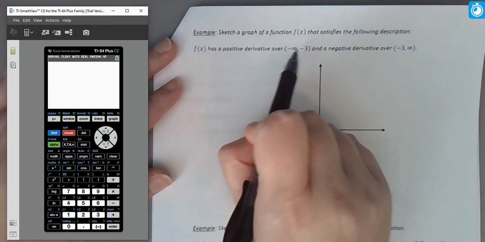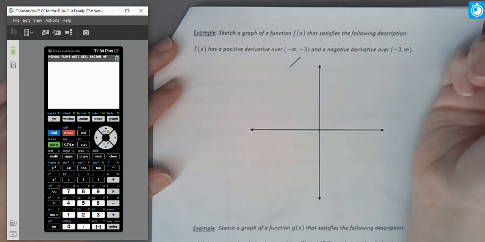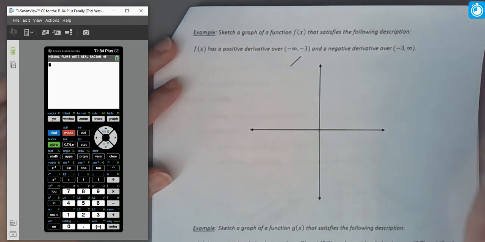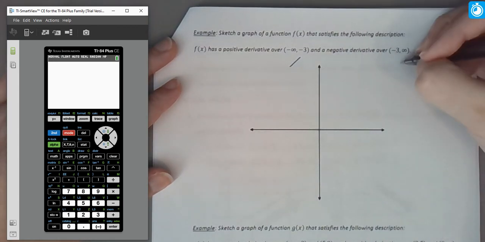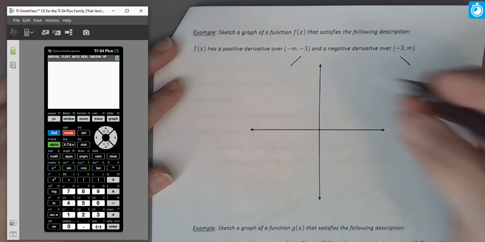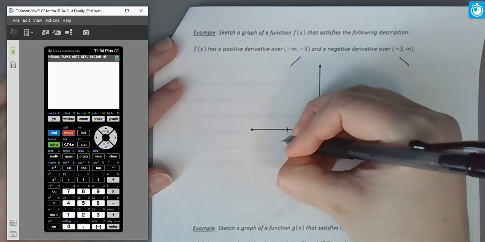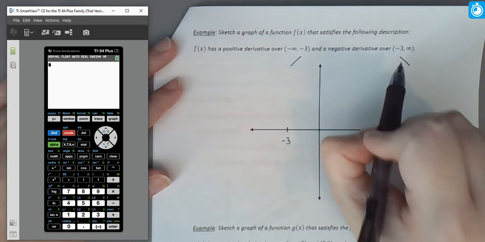If the derivative is positive over this interval, that tells us that our graph is going to be increasing over that interval. And then if we have a negative derivative from negative 3 to infinity, that means our graph is decreasing over that interval. So here at negative 3, which I'm just going to put right here, at that location we transition from increasing to decreasing.